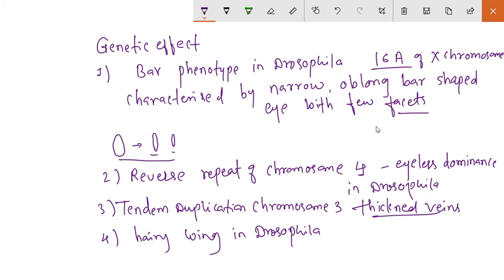Oblong bar shaped eye त्या ठिकाणी तयार होतात. Reverse repeat of chromosome number 4 causes the eyeless dominance in Drosophila. In human being there is a tandem duplication in chromosome 3, it causes the thickened veins, and in the Drosophila some duplications may cause the hairy veins. Okay, so I hope you got the points.